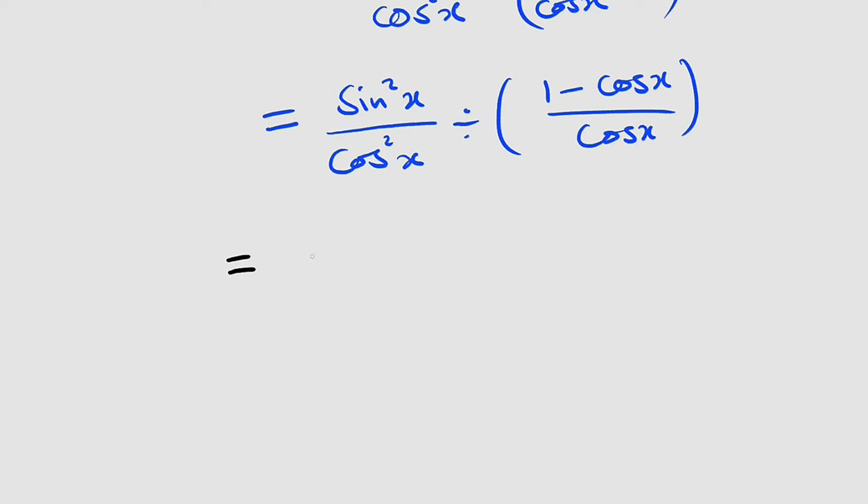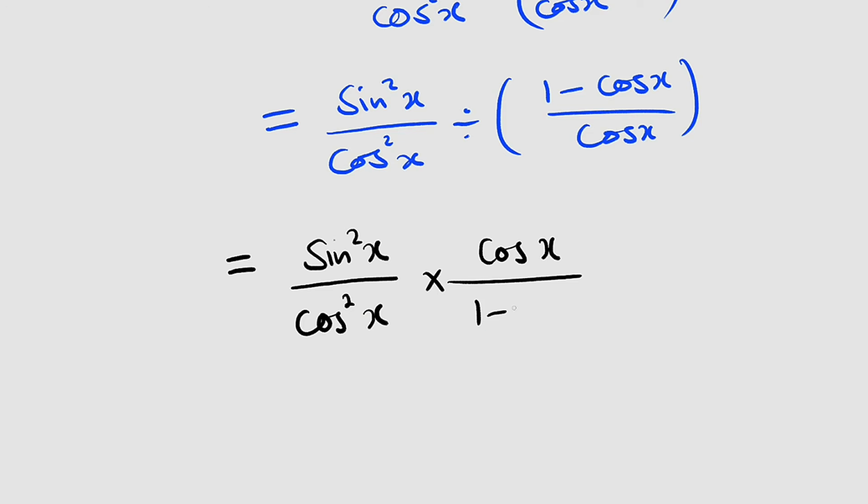So this becomes sine squared x divided by cosine squared x multiplied by cos x divided by 1 minus cos x. You can see that almost all of these terms are written in terms of cosine x.